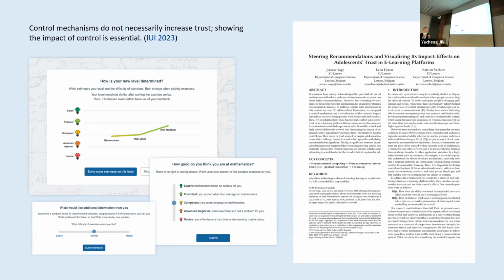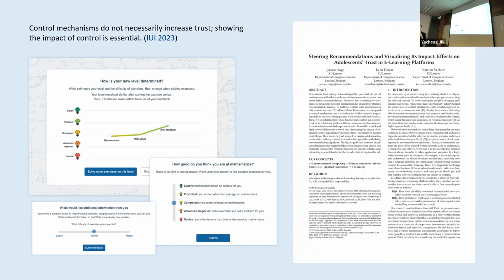The outcome here was that if we gave students a control, their trust didn't increase, no matter how we measured it, which was very surprising to us because one of the foundations of XAI is control over the model, etc. But when we added the visualization, so when we visualized the impact of their control, then all of a sudden there was a huge increase.